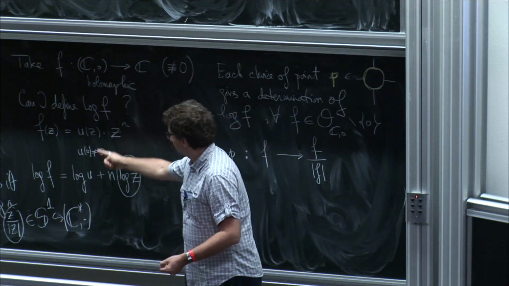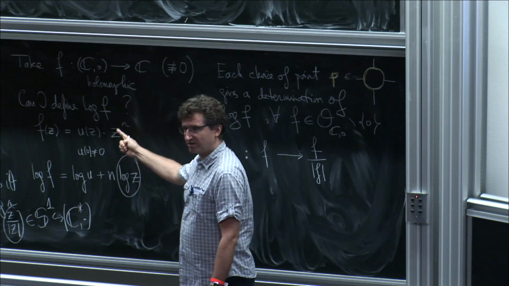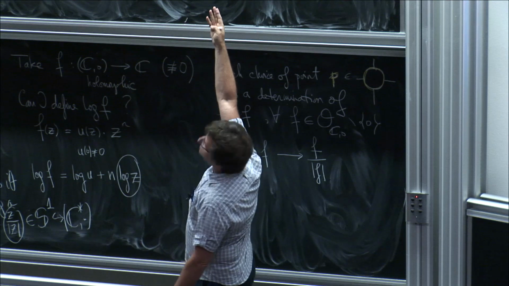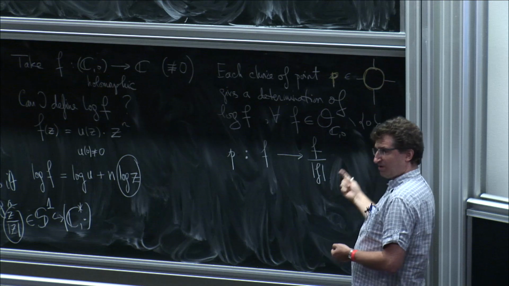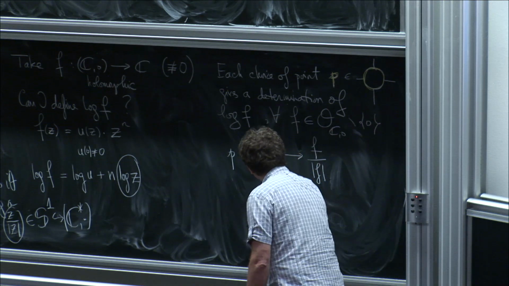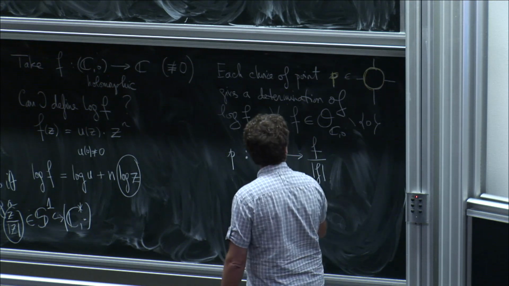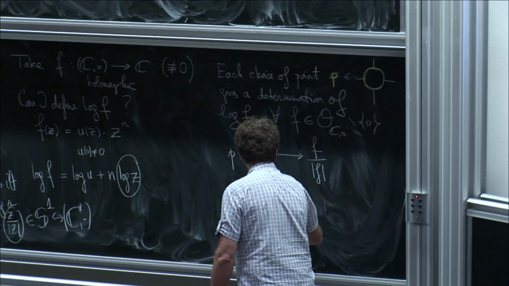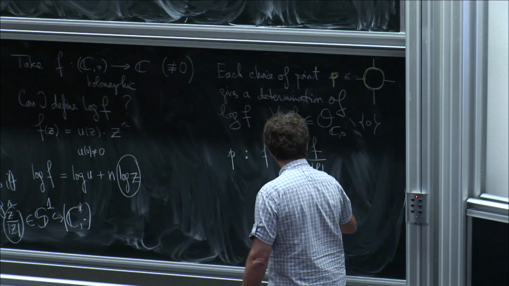And you see here by this computation that it is enough to give a meaning to z over the absolute value of z. And precisely on this space, it has a meaning. So P is a way to give a meaning to this. So let's see what it does here. It sends, in fact, O_{C,0} minus 0 towards S1.